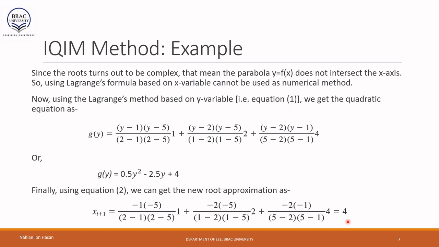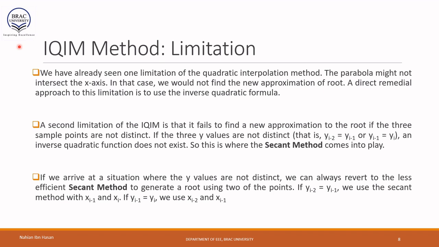So let's look at some of the limitations that the inverse quadratic interpolation method faces. One limitation we have already discussed, which is that the quadratic interpolation method might not find any root at some point. It happens when there are complex roots of a function. So in those cases we are going to use the inverse quadratic interpolation method.